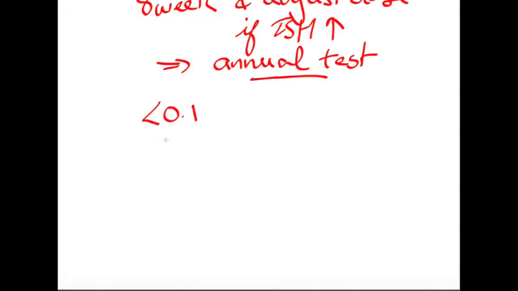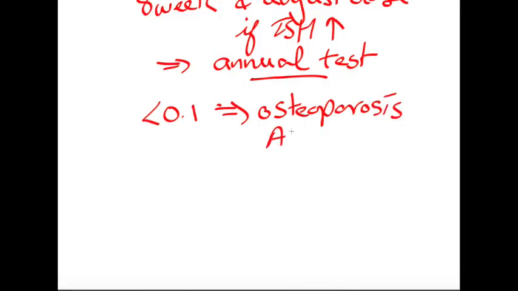But a level of 0.1 should be avoided because having a level that low has an impact on the body in causing osteoporosis, which is a thinning of the bones, and can have an adverse effect on the heart by making it go into irregular heart rate and rhythm, which is atrial fibrillation.